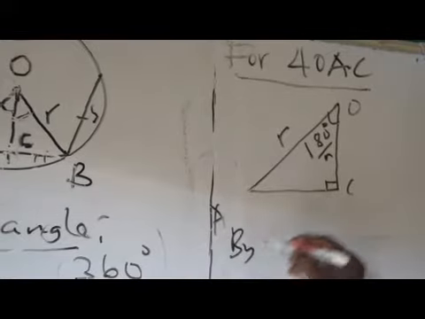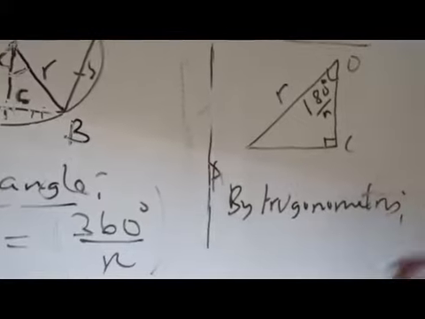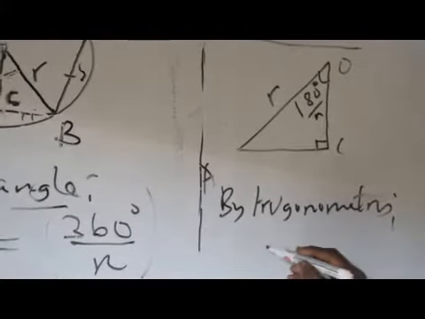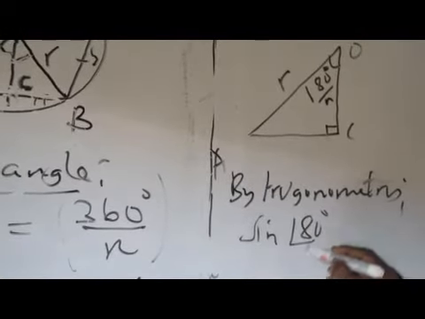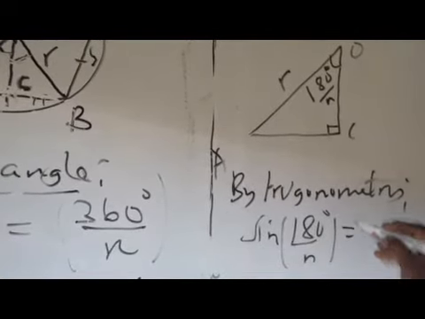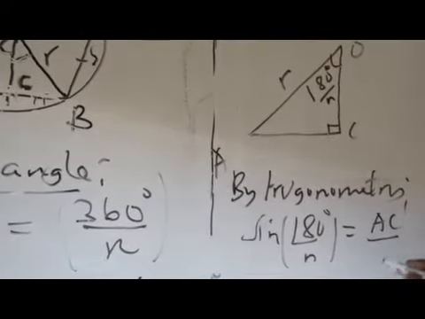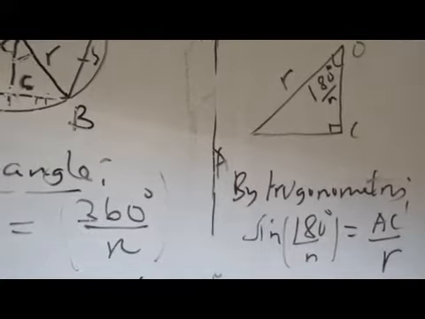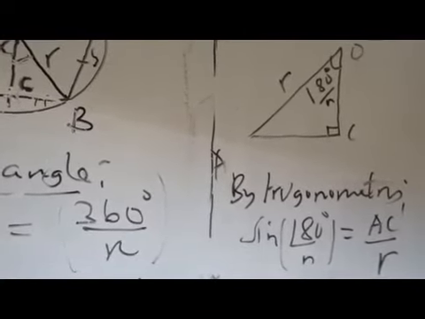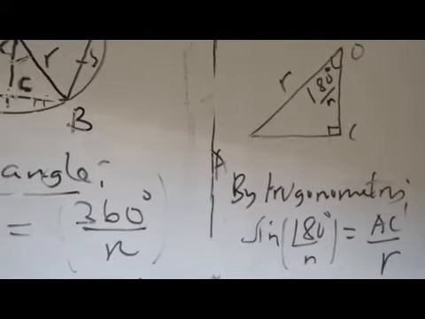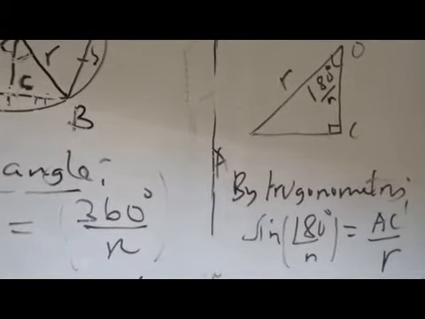What you do, you introduce the concept of trigonometry. So by trigonometry, the sine of angle 180°/n, this one will be equal to the opposite side, which is AC, divided by R. Making AC the subject, you will get AC equals R sine of 180° divided by n.